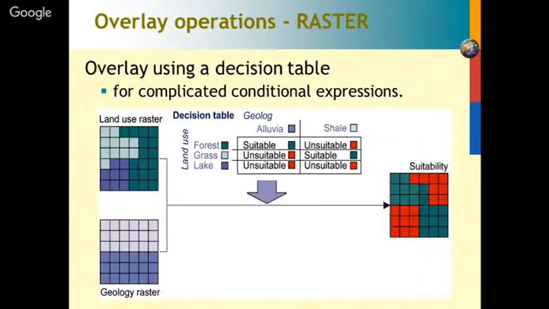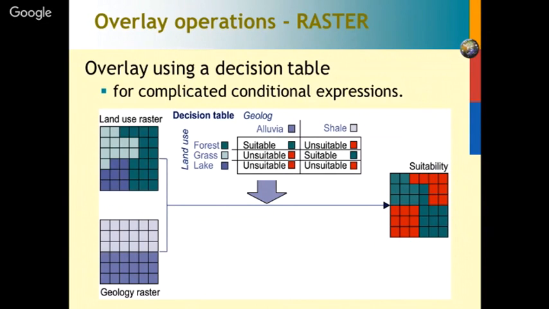So the other way of finding the overlay operations is using decision tables. What we do is we take two different decision input tables, and based on that we combine them together to find out what exactly are the areas taking two different condition values, and that gets generated.